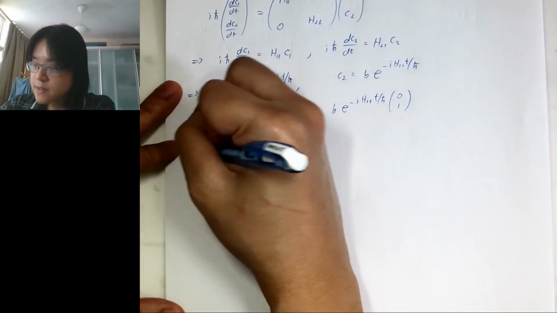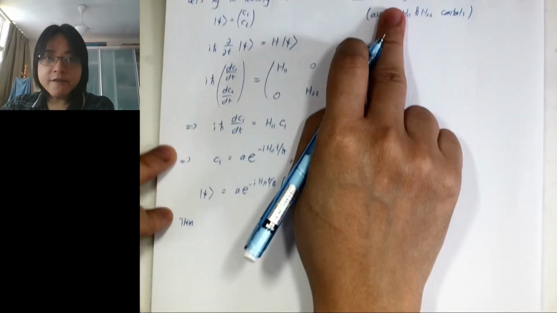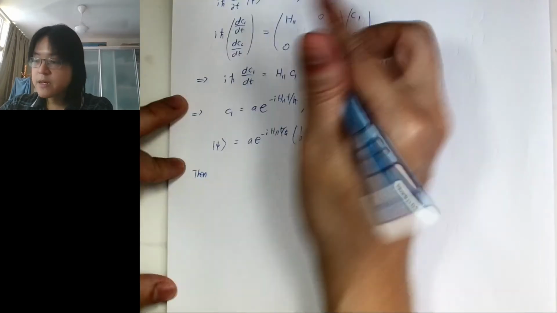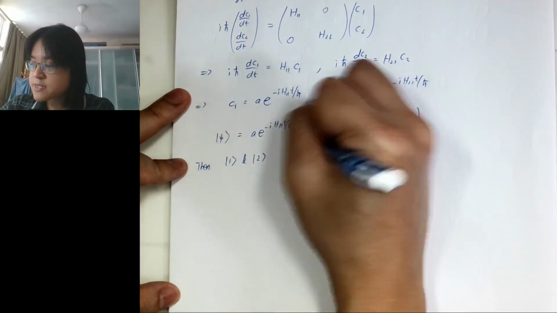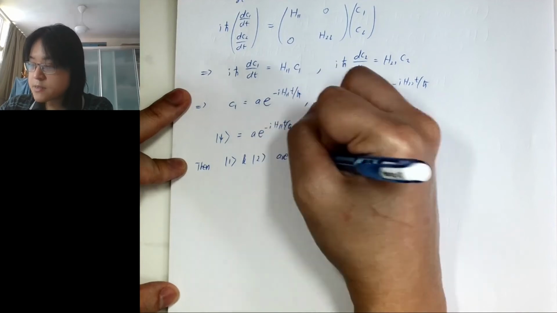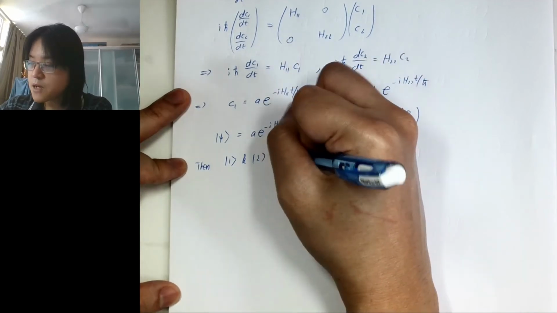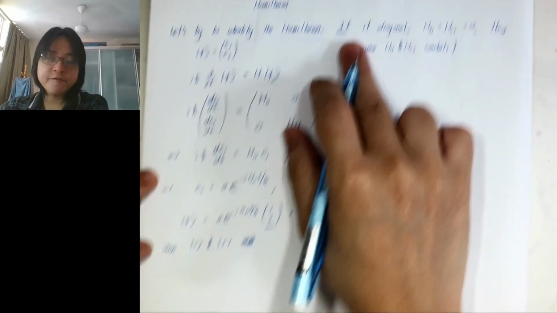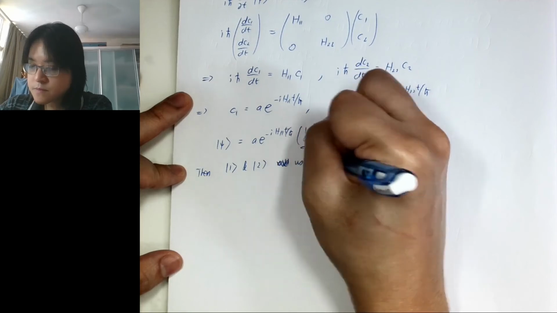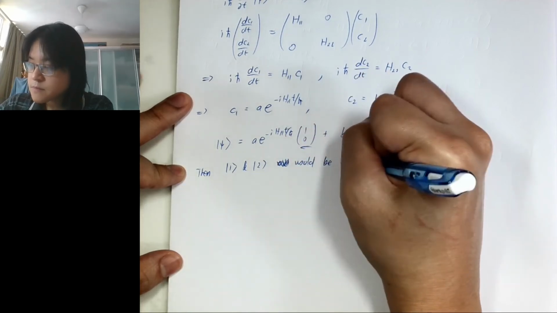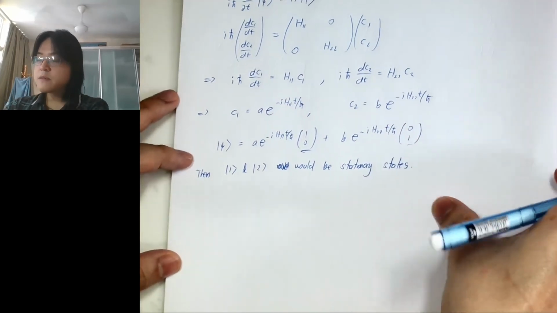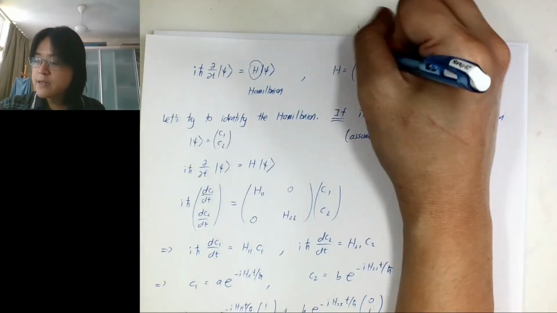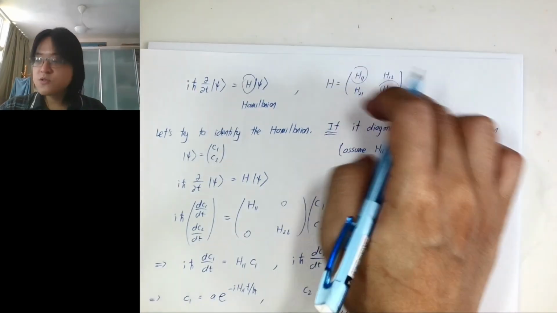So the conclusion we find is that if my Hamiltonian is diagonal, then state 1 and state 2 are stationary states. I'm just saying if. We are just understanding the consequences of these two elements being 0.